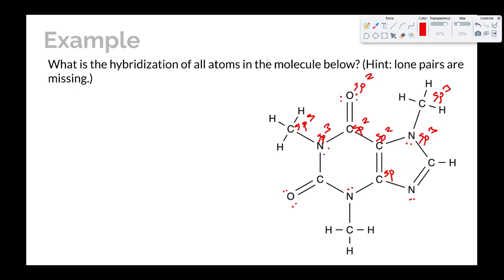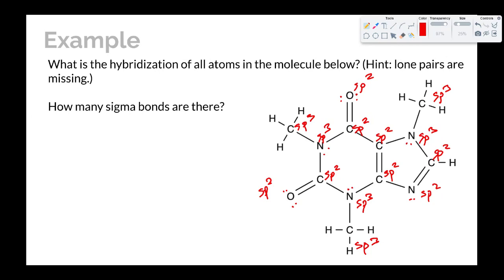This one also, sp2, steric number 3. This is steric number 3, sp2. This is steric number 3, sp2. Steric number 4, this is sp3. This is also steric number 4, sp3. sp2, steric number 3, also sp2, steric number 3. So I think we have that all covered.